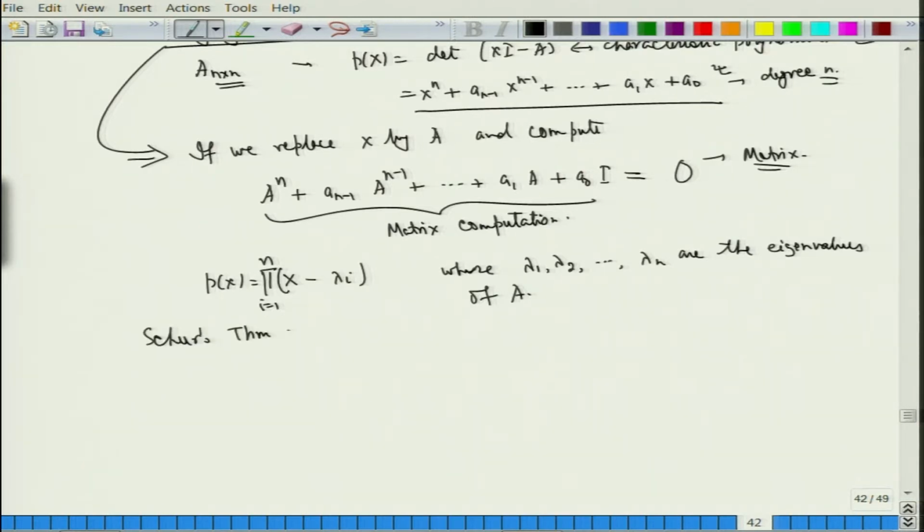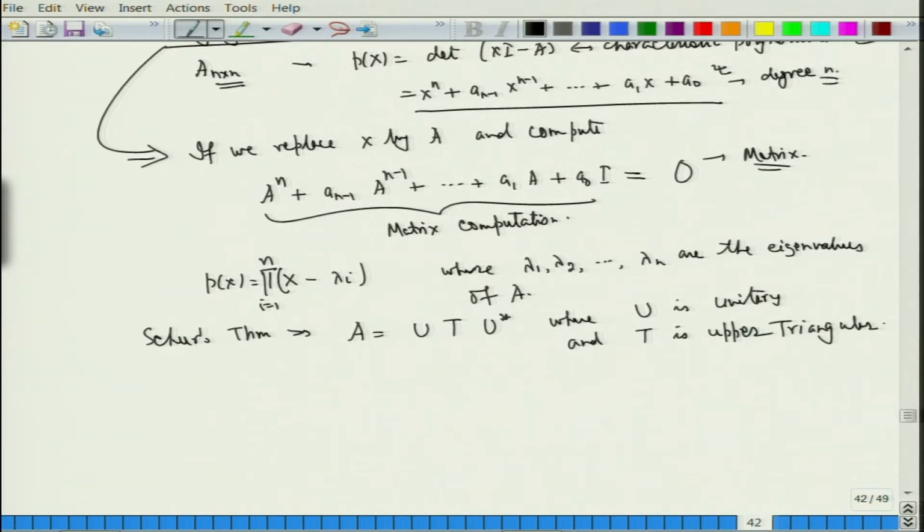Schur's theorem implies I can write A as U T U star, where U is unitary and T is upper triangular, and not only that, it also tells me about the diagonal entries of T. So T can be written with lambda 1, lambda 2, up to lambda n on the diagonal, upper triangular, so 0 is here below, I do not know what the other entries are.